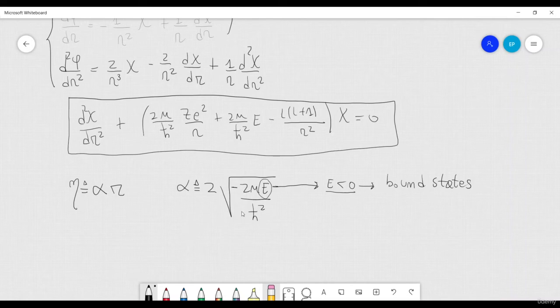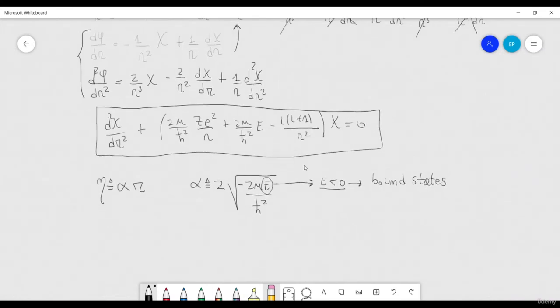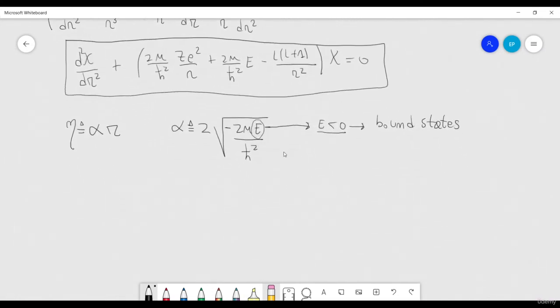Because if the energy is negative, you can think that the potential attraction between the particles will overcome the kinetic energy of the particle, because if the electron has enough kinetic energy, it can also escape from the atom. It can overcome the attraction, and therefore we are going to study the energy less than 0. We'll see that it will lead us to bound states.